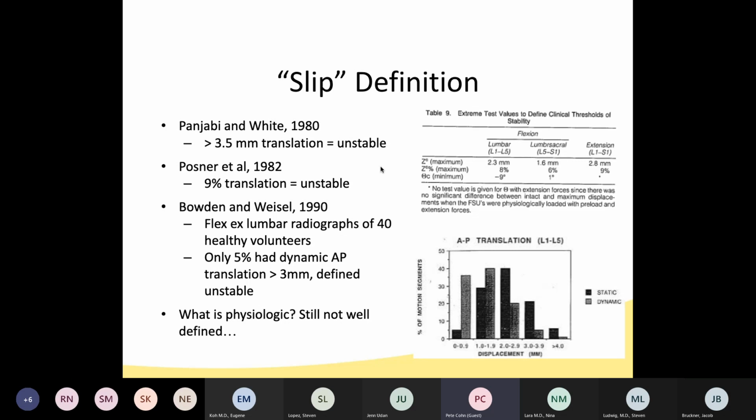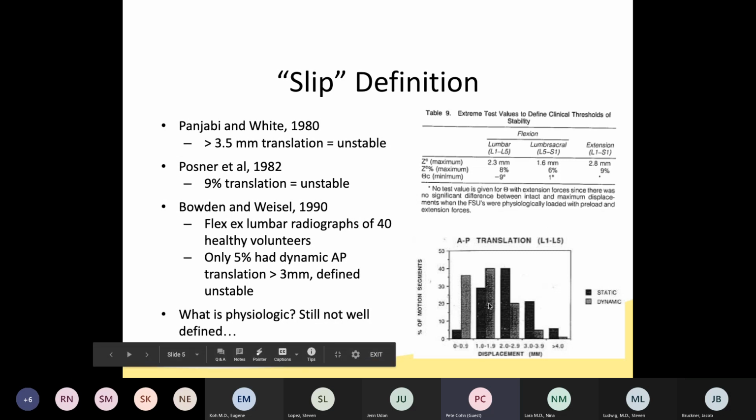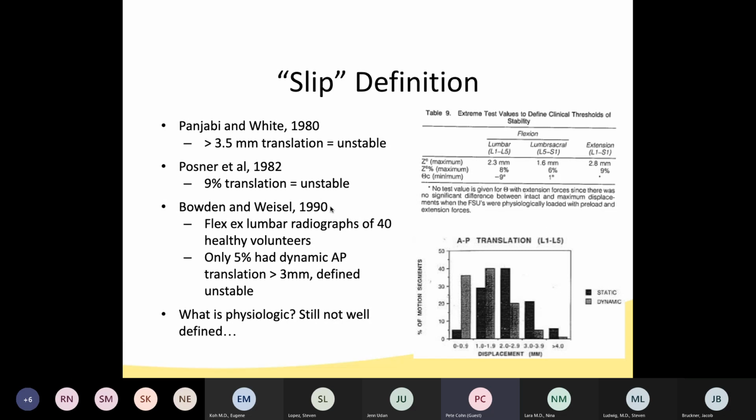And then, to muddle everything, Bowden and Weasel were looking at flexion extension radiographs of 40 healthy volunteers. What they found was that about 25% of those had static translation of greater than 3 millimeters in their asymptomatic volunteers.